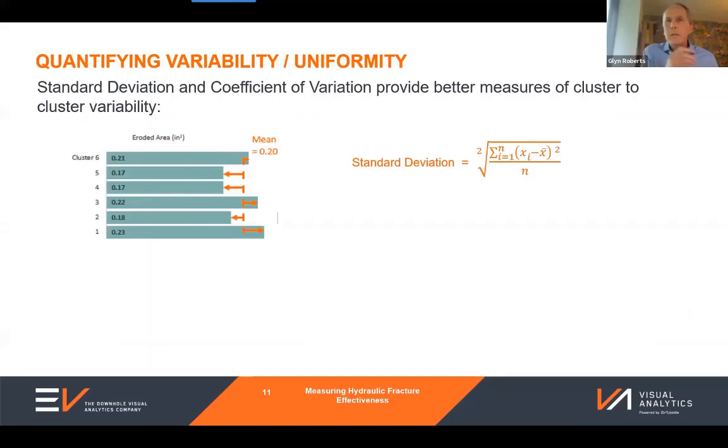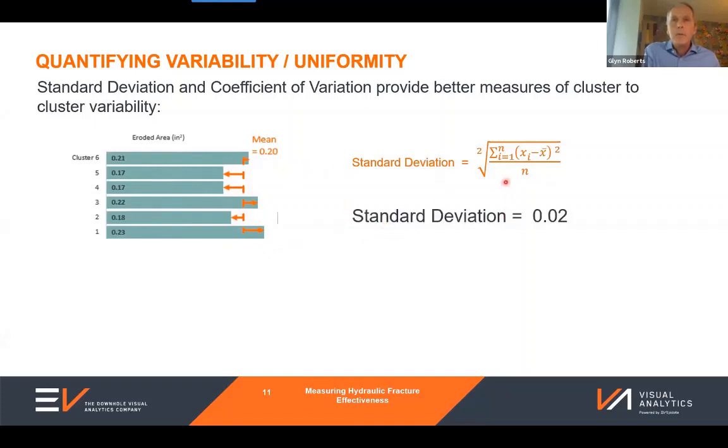So standard deviation is a measure of how far on average each data point is from the average of the data points. So captured in this equation. And standard deviation is typically used when we're trying to understand the variability within one data set, like this. So the greater the standard deviation, the greater the variability in the data points.